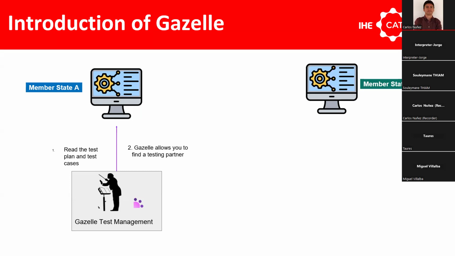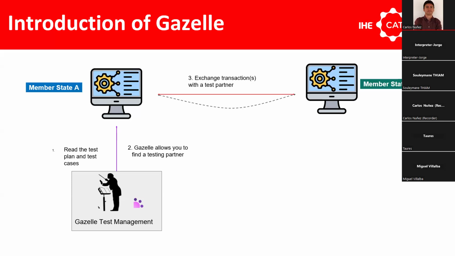So Gazelle will provide you all the information to reach member state B: the name of the system, the list of the users that are using this system. For example, if it's Brazil, it will tell you, okay, for Brazil, SUT operator, you have Italo, and Gazelle will give you the list of the persons who are managing the Brazil system.